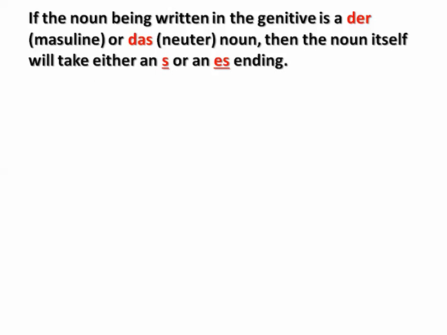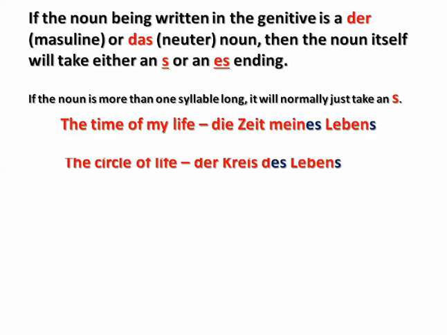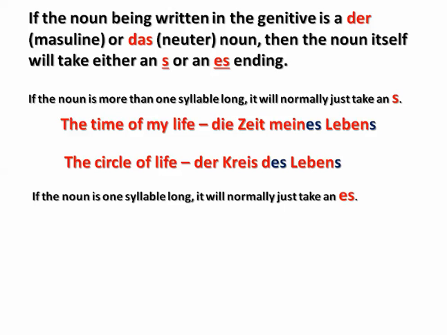Now, one thing you need to know about the genitive, and this is explained in more detail on our videos over the genitive, but just as a recap, if the word following it is a masculine or neuter noun, then the noun will take an S or ES. If the noun is more than one syllable long, it just takes an S. For example, the time of my life, die Zeit meines Lebens, the circle of life, der Kreis des Lebens.